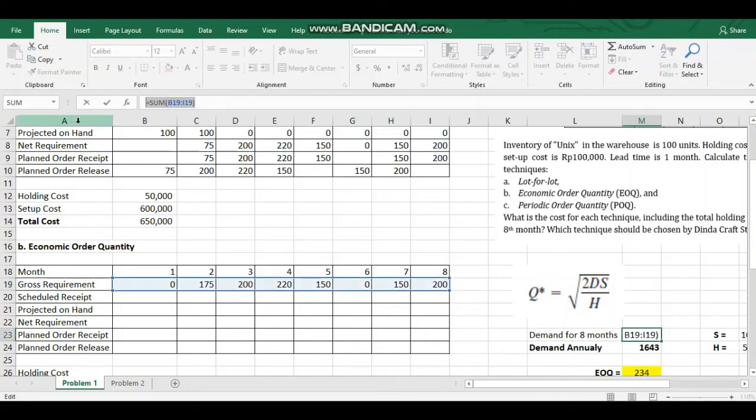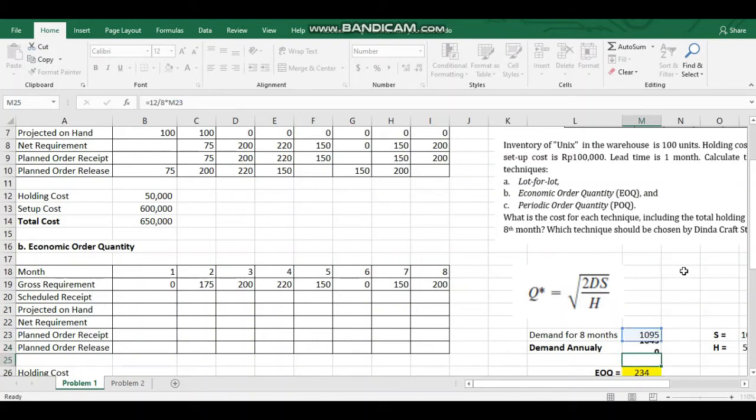You can see the demand for 8 months is the total of these gross requirements from the first month until the 8th month. Then to find the annual demand, you divide 12 by 8 and multiply it by the demand for 8 months.